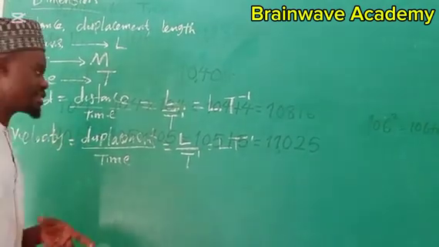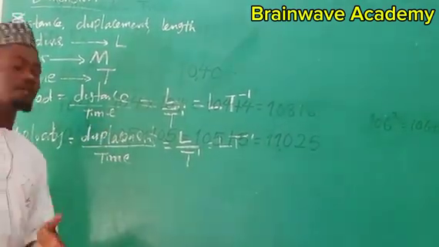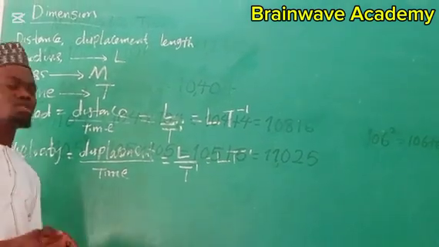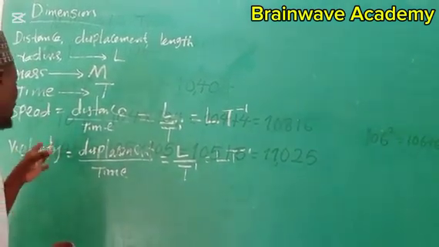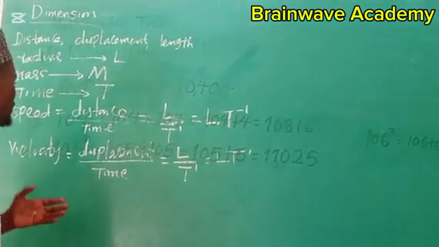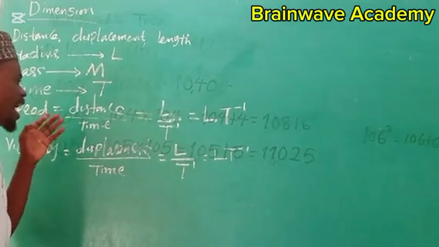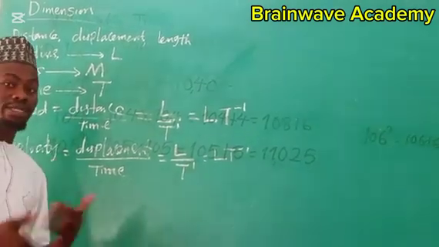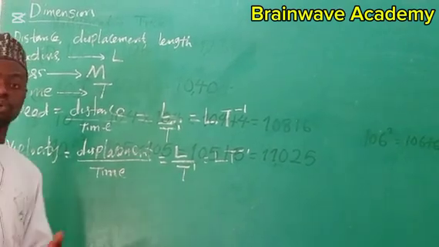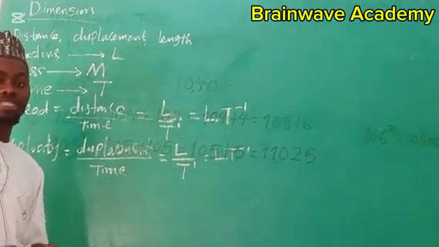The only difference here is that speed is a scalar quantity, while velocity is what? A vector quantity. But let me ask you a question. What are the similarities between speed and velocity? Sometimes WAEC used to ask this question. And what you need to say is that both speed and velocity are connected with time. They are both terms related to what? Motion. That is two similarities.